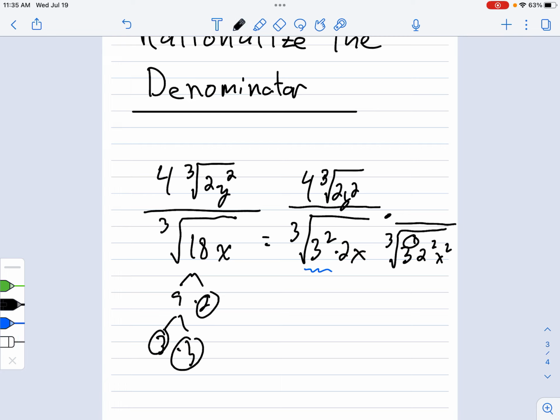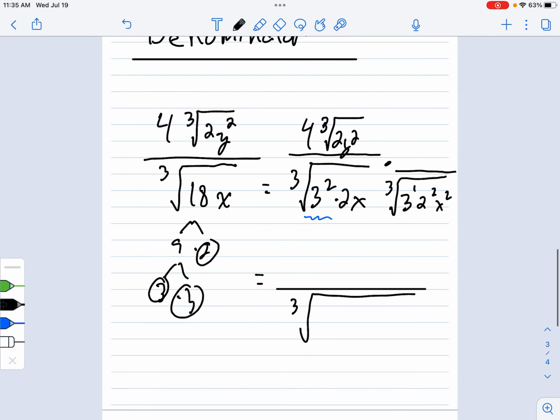And the next thing I'm going to do is use properties of radicals, which tell me that if you take the cube roots of two expressions that are positive, you can put everything inside together. And I am assuming the variables are positive here, by the way.